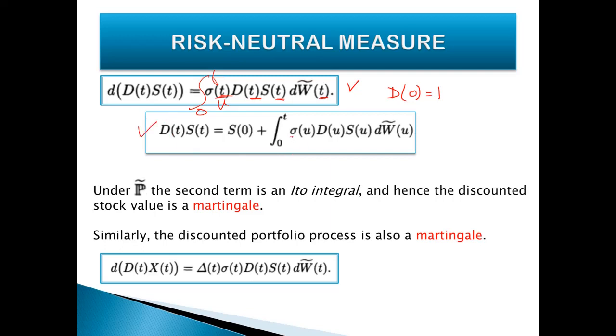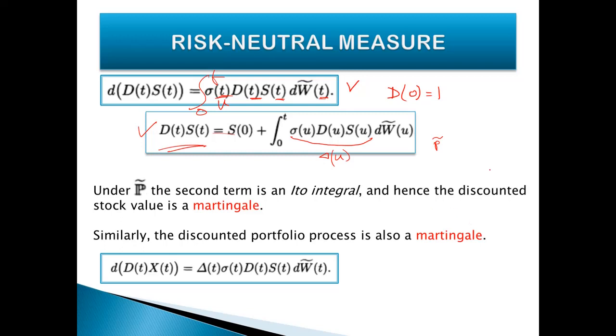If you write this whole integrand as maybe delta u or something, then this is an adapted stochastic process, and this is a Brownian motion W tilde. So this whole thing is an Ito integral with respect to W tilde. If we have an Ito integral, that means this whole thing DtSt is a martingale.